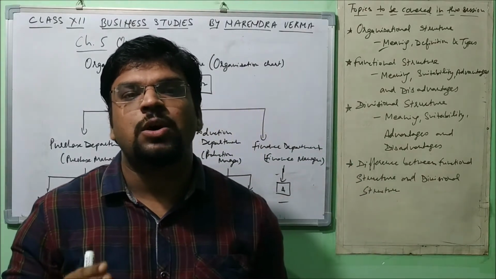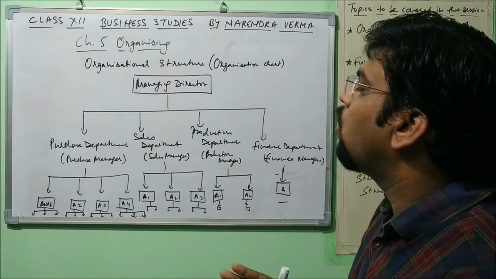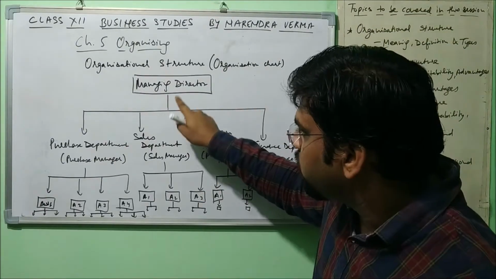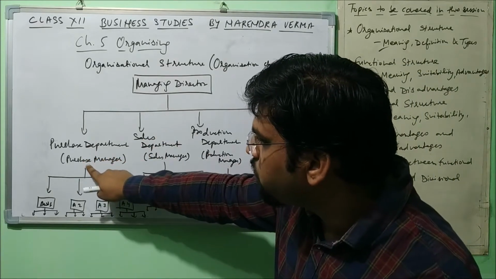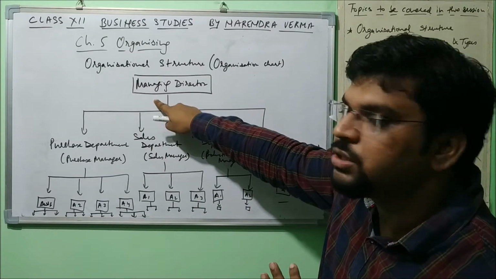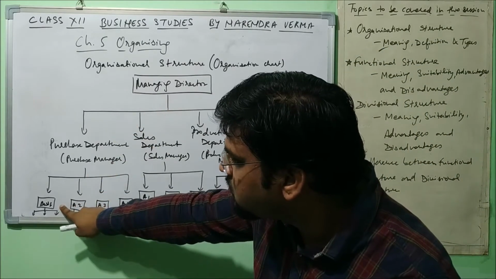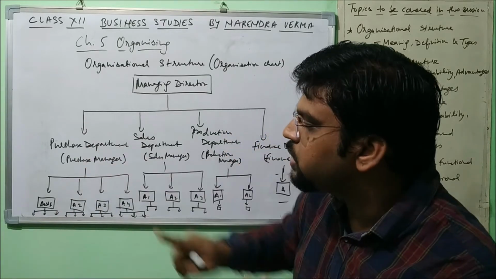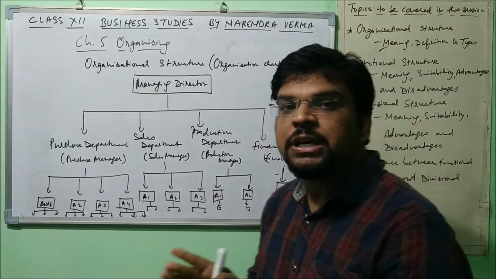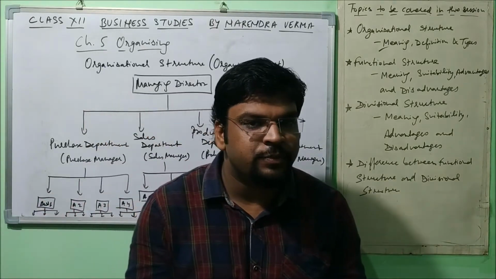So what this organization structure does, it denotes the pattern of the relationship. Okay, we can see here that purchase manager is the subordinate of managing director. Okay, and assistant purchase manager is subordinate of this purchase manager. Okay, so the relationship between superior and subordinate is defined due to this.